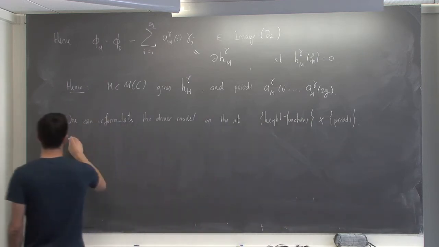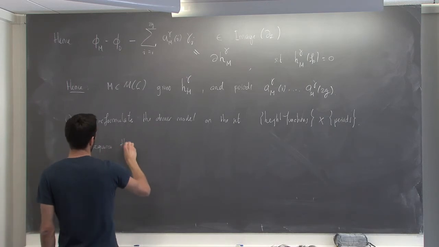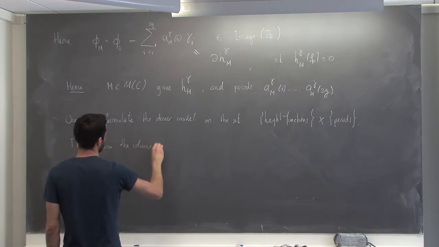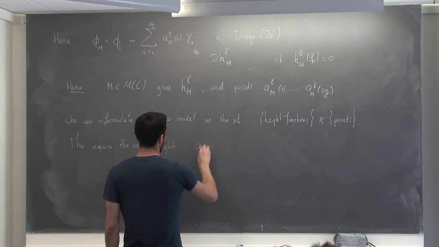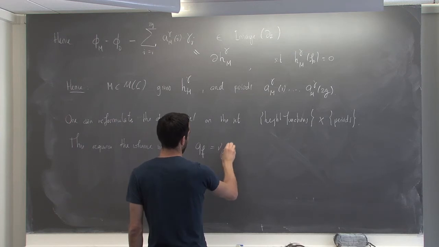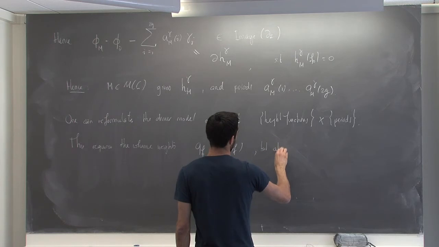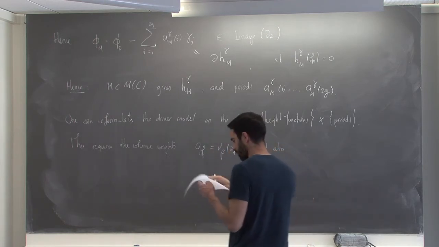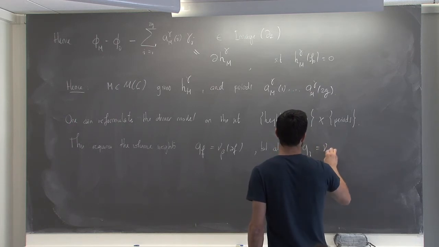So this requires, of course, the volume weights Q_f, which was given by nu beta boundary of f, but also some new parameters. Q_i is nu beta of gamma_i.